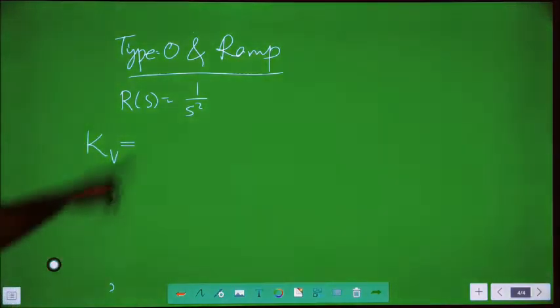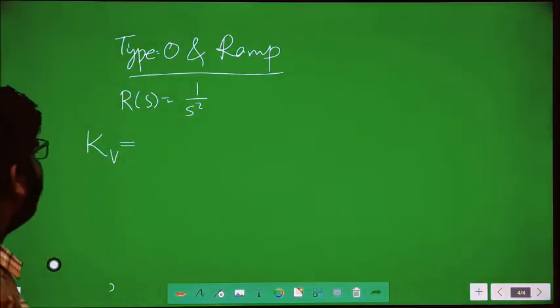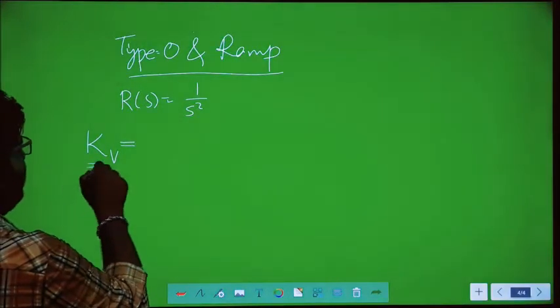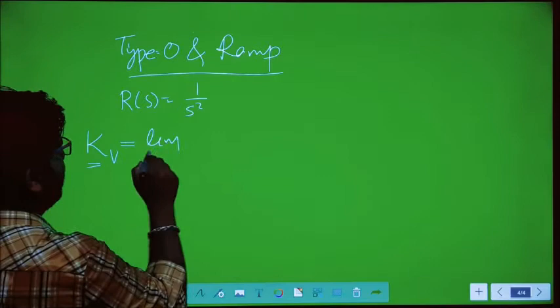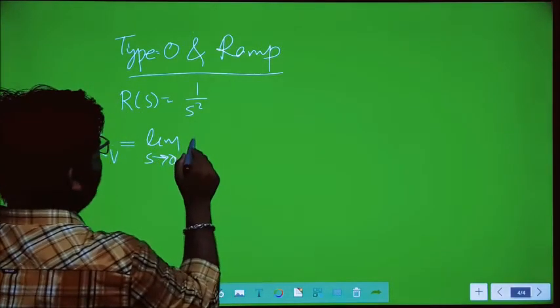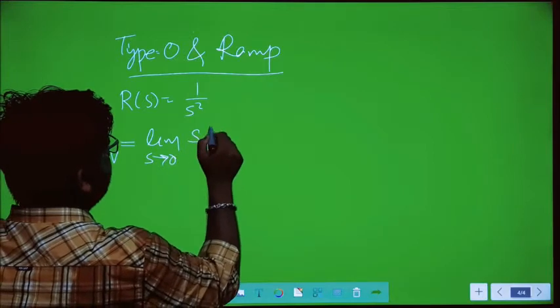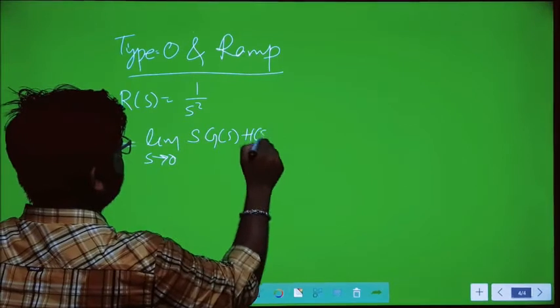Okay? For ramp input, the velocity error constant comes into the picture, and we have found that Kv is equal to limit s tends to 0. Then what we found? We found s into G of s into H of s.